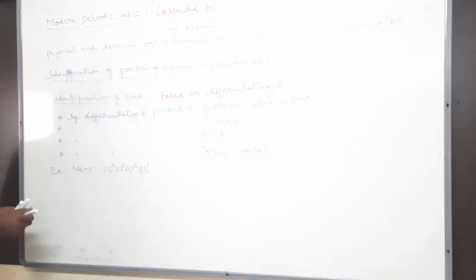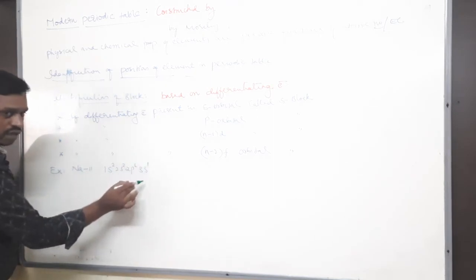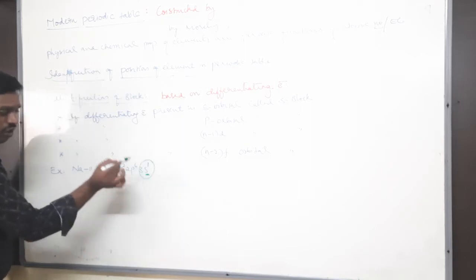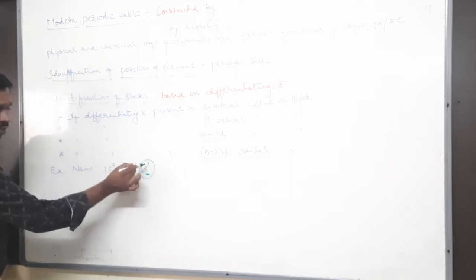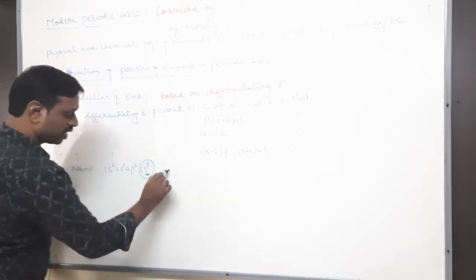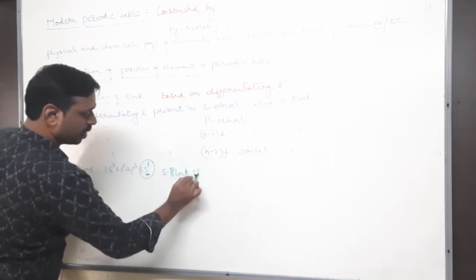Where is the differentiating electron present? As I told you, the differentiating electron is the last incoming electron. Which is the last incoming electron? This 1. Where is it present? It is in s orbital. So the last incoming electron is present in s orbital, therefore sodium is an s block element.